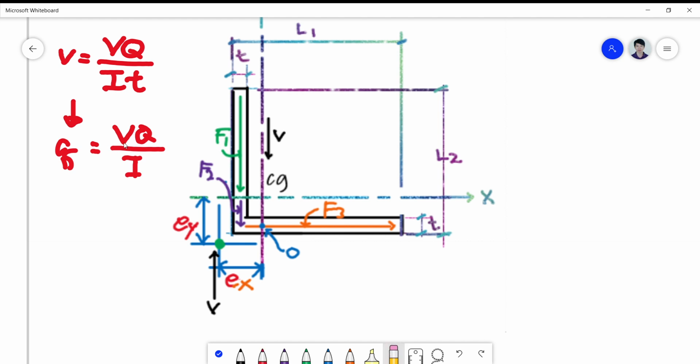Sometimes shear is represented by V or F V. Sometimes it can be represented by tau, the Greek letter tau.